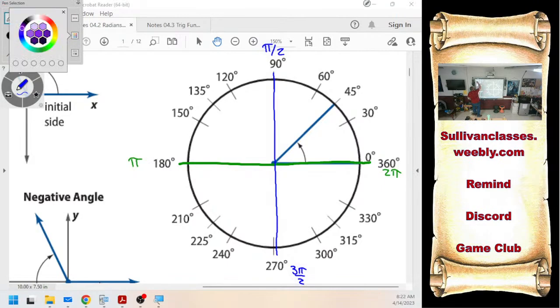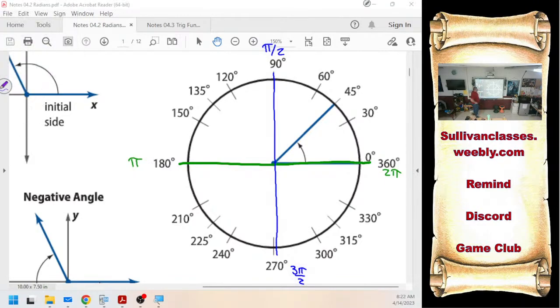If I then cut that in half. Half of a half is a quarter. So that means all of my 45 degree marks are going to be by quarters. You just have to be able to count by fractions. So you have 1/4 pi, 2/4 of pi, so half. 3 pi over 4, 4 pi over 4.